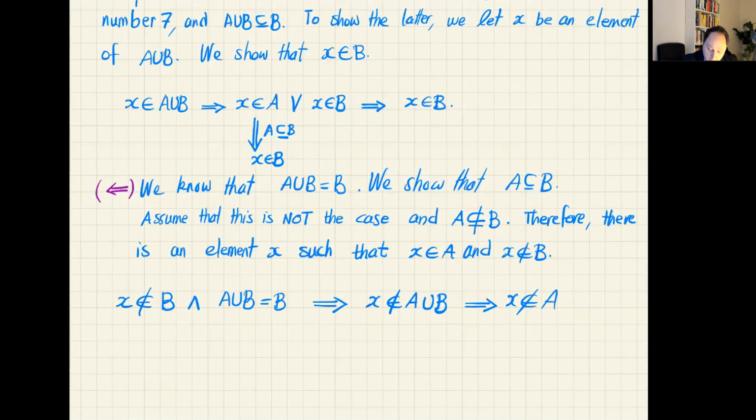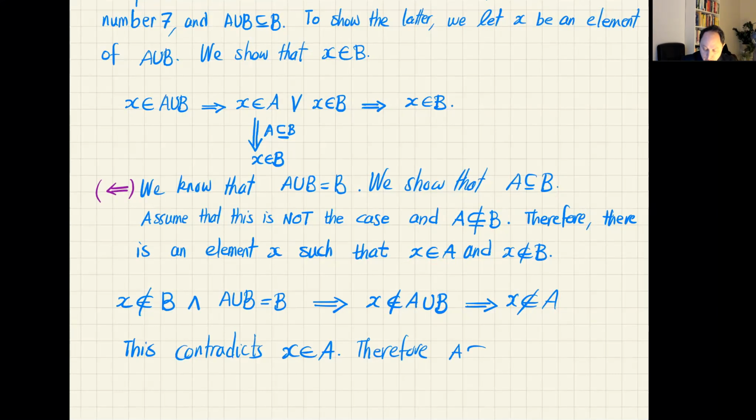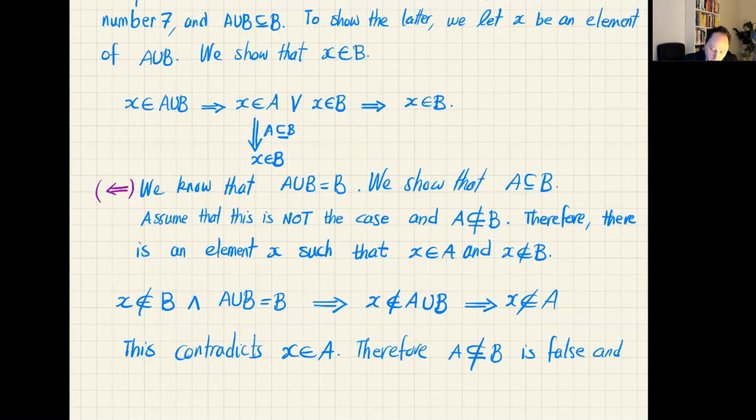Okay, this contradicts X belongs to A. Therefore, A is not a subset of B is false, and A is a subset of B is then true. And now we are done.